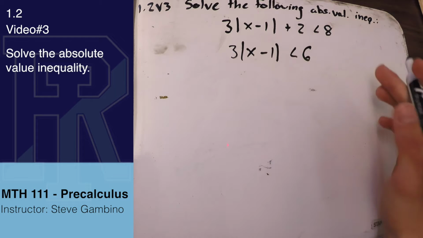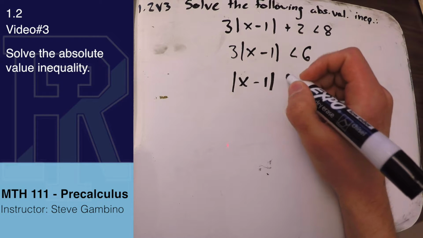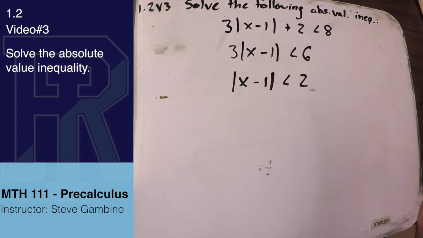From here we can divide both sides by 3 to leave the absolute value expression by itself, and we'll have the absolute value of x minus 1 is less than 2. From what we know about absolute value, we can actually split this into a compound inequality, right?